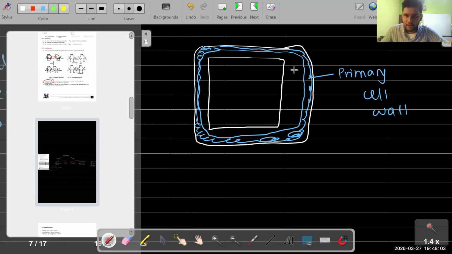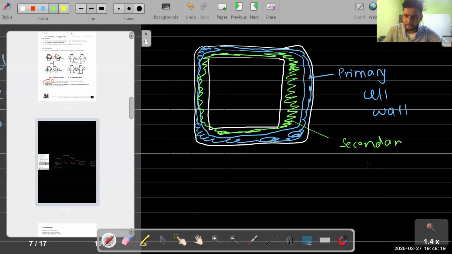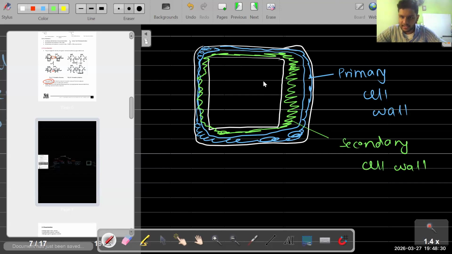Now, the inner part of the cell wall, the green part, is not a single layer. It is made up of several layers. And that one is called secondary cell wall, right? Now, can you understand that primary cell wall and secondary cell wall combined to form a cell wall? Is that clear? Primary cell wall plus secondary cell wall is called a cell wall.